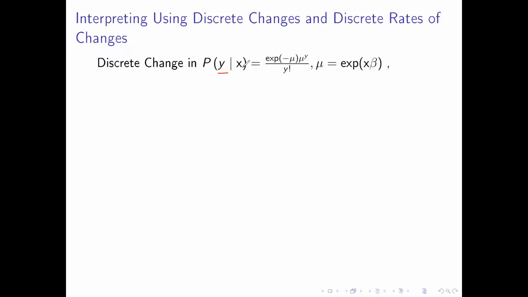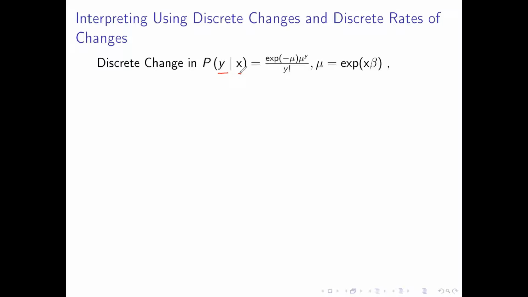So this is a count, this is given x, is equal to, if you remember, the exponential function of negative mu multiplied by mu raised to the power y. Y is the count of our interest to calculate the probability.